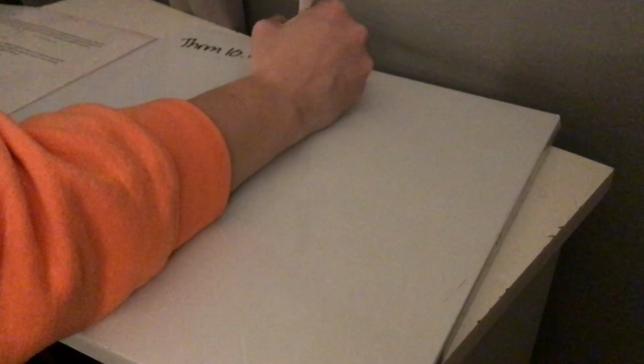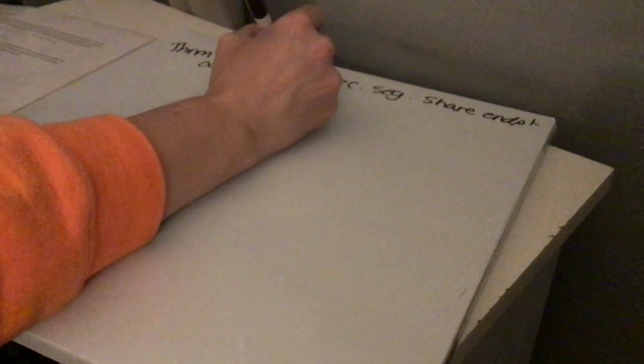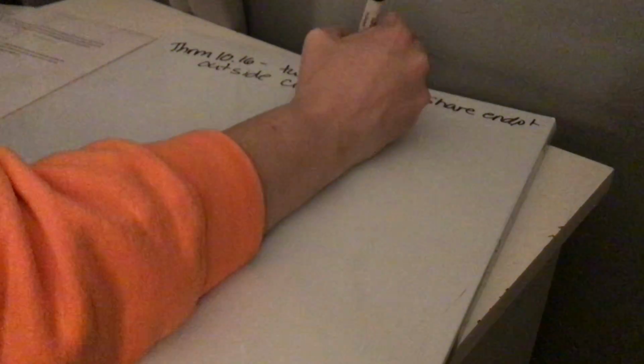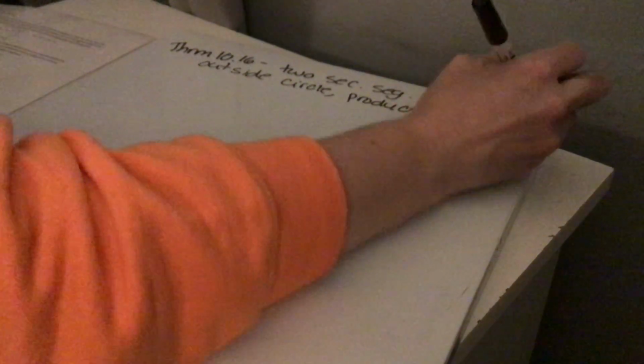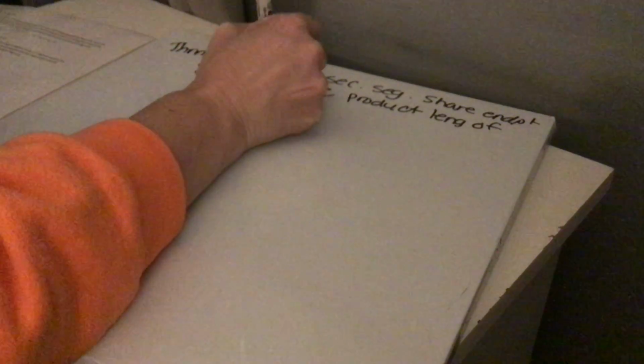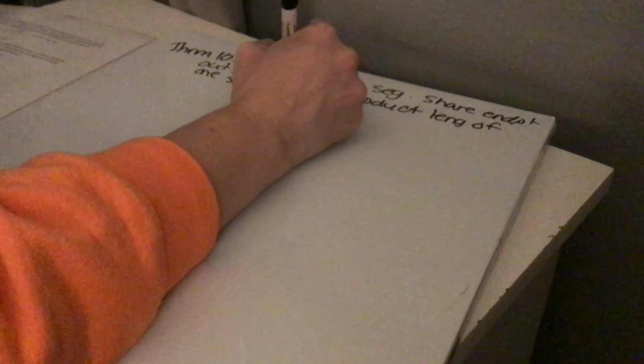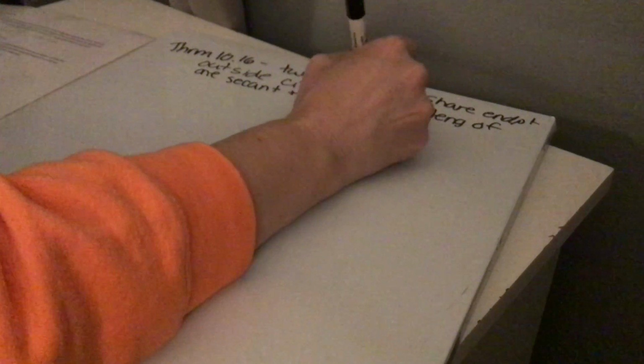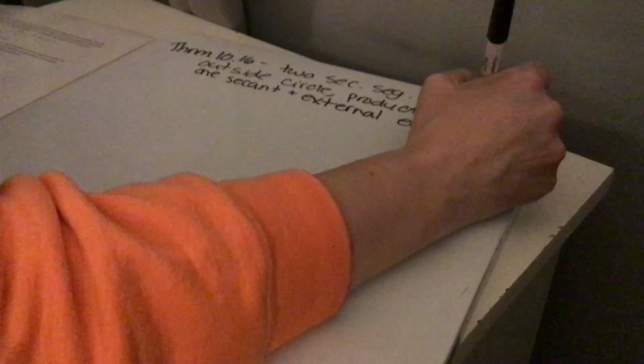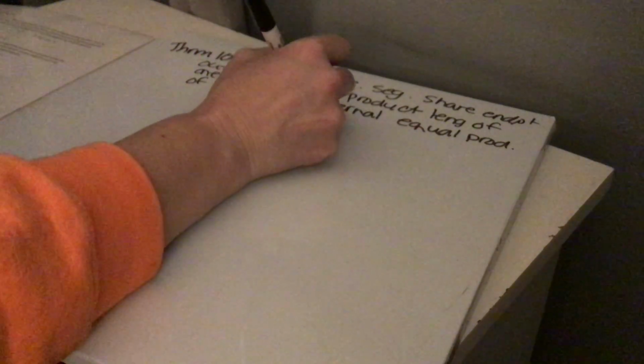Theorem 10.16 tells us that if you have two secant segments and they share an endpoint outside the circle, then the product of the length of one secant, so the entire secant, and its external, equals the product of the other secant and its external.